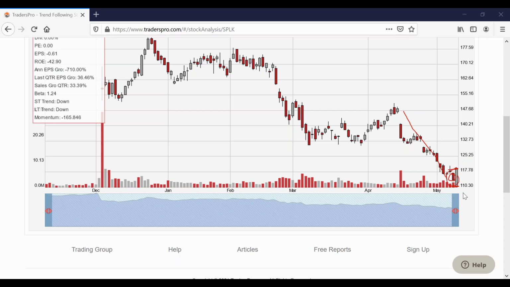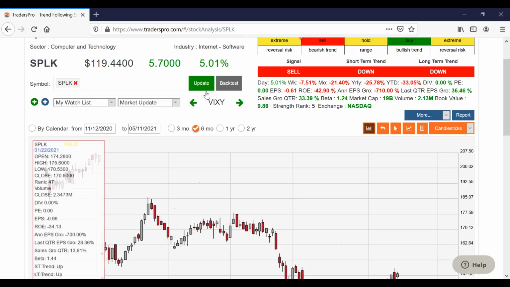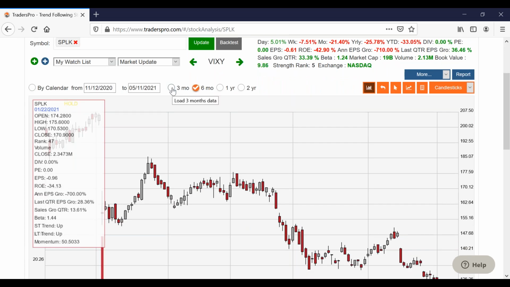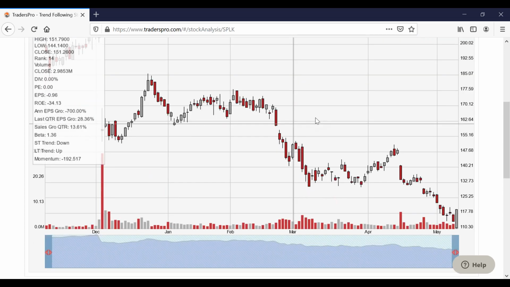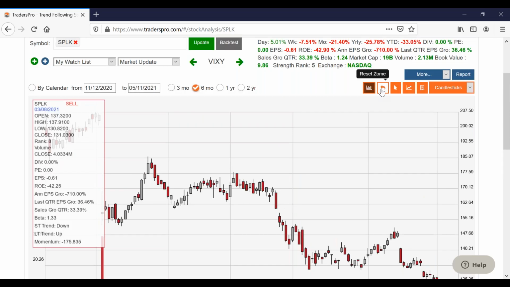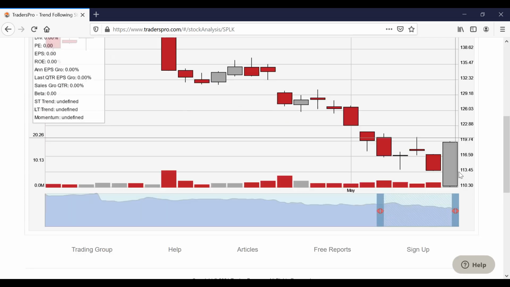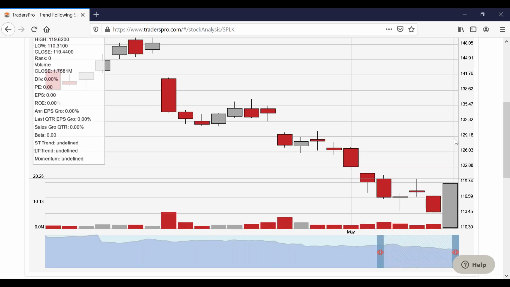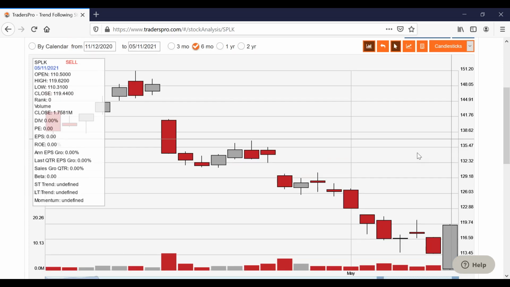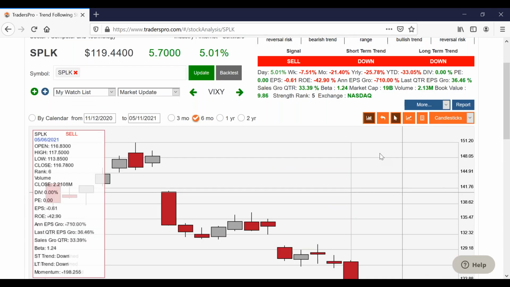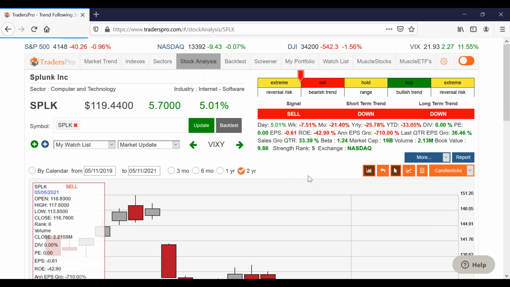Now I can't see the volume because the candles are right up against the volume. Let me see if I can do something here. I can select this area and zoom into it and see. I still can't see the volume on that. If I go out a little bit further.